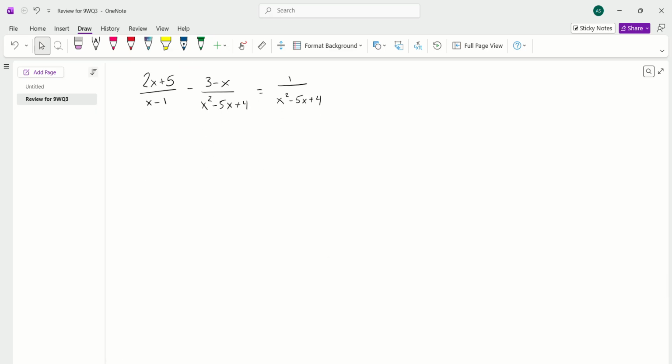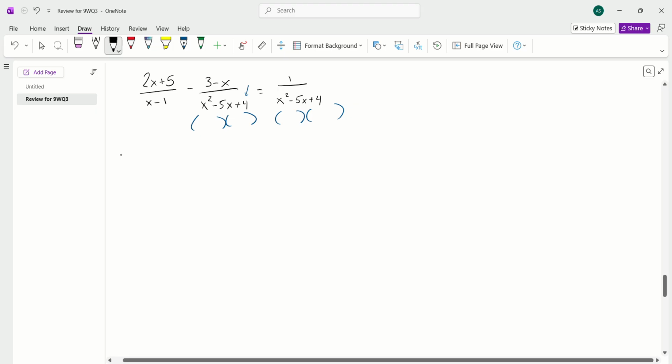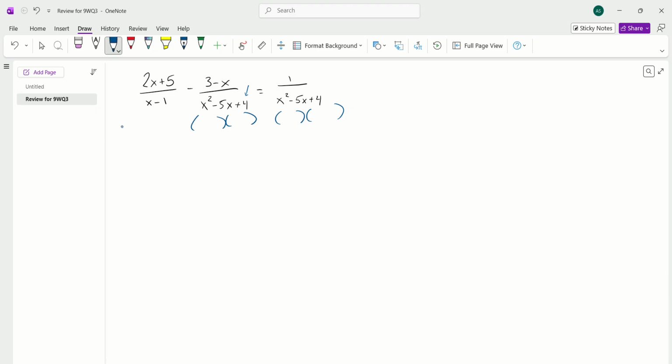Next problem. Just like before, I'm going to start by factoring everything I can. I'm going to think what multiplies to 4 that adds to negative 5, and you're going to get 4 and 1, as long as both of them are negative.